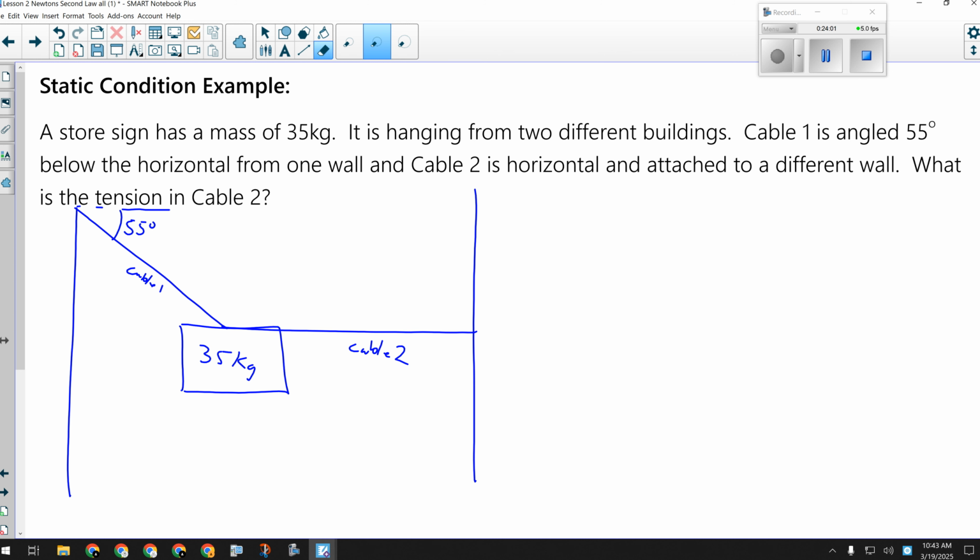So, obviously we've got two forces here. We've got the force in cable 1 and we've got the force in cable 2. What's the force I haven't drawn on here yet? Anything hanging would be affected by gravity.